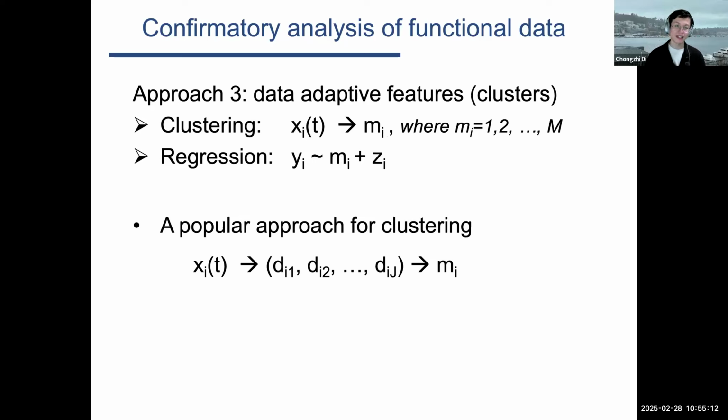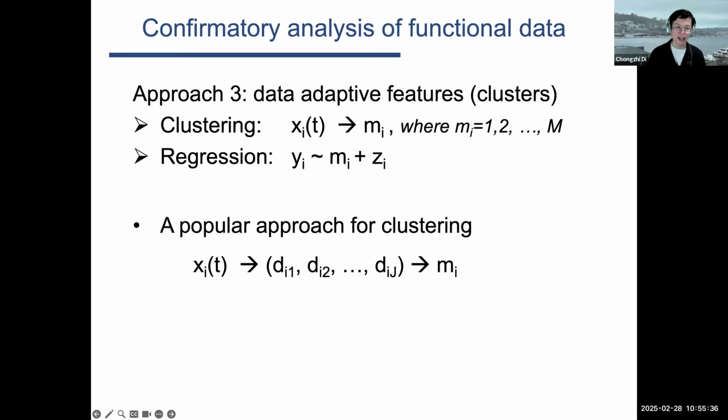I do want to say that there are different types of clustering algorithms that have been developed. One approach, you could use PCA first. You could take the trajectories, do a PCA, generate your PC scores, and run a clustering algorithm on the PC scores, and then you get your clustering.